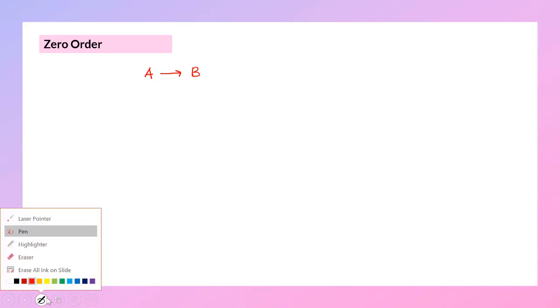So let's say, consider a reaction. Let's say I have a reaction A converted to B. So if we relate to the rate law, let's say this reaction is a zero order reaction.